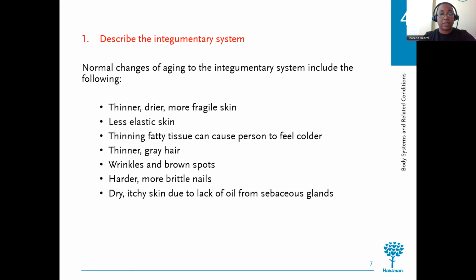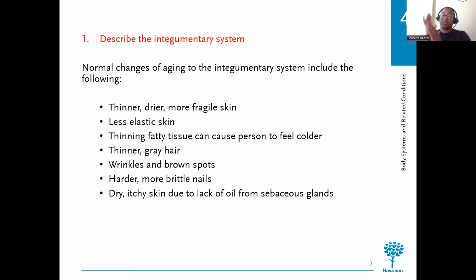So let's look at what happens if you are getting a little bit older. Once you get a little bit older, your skin starts to get thinner. It starts to be more fragile. Fragile means that if you hit up against something, you might bruise, or your skin might tear because it's thinner than it used to be.